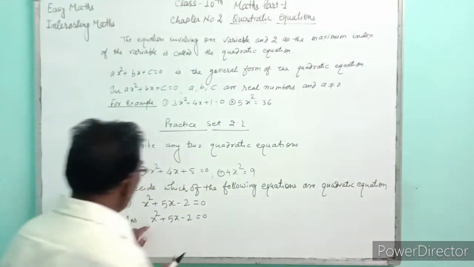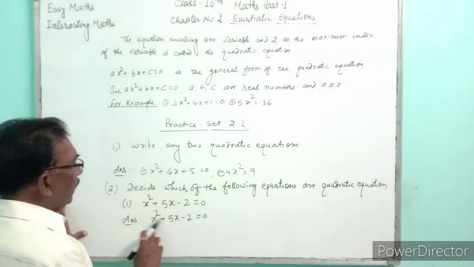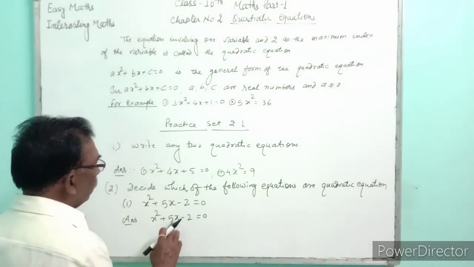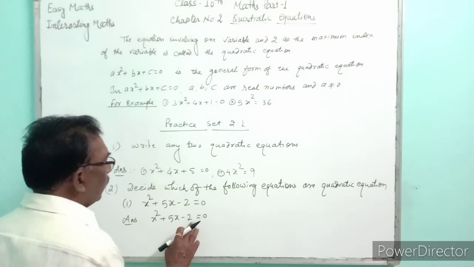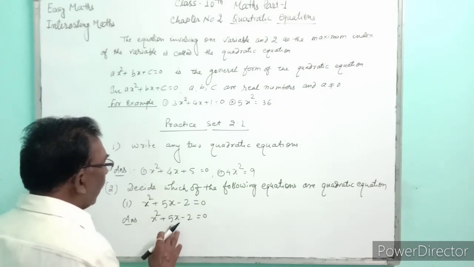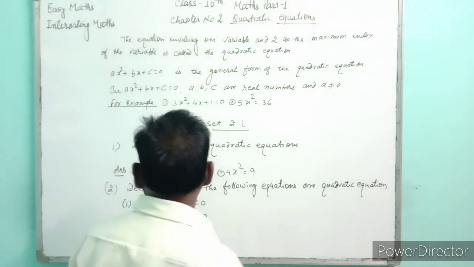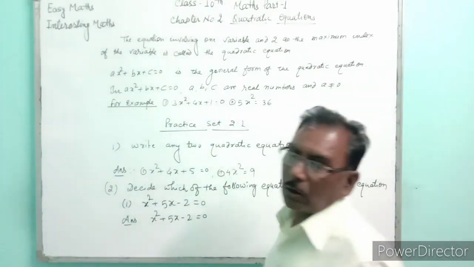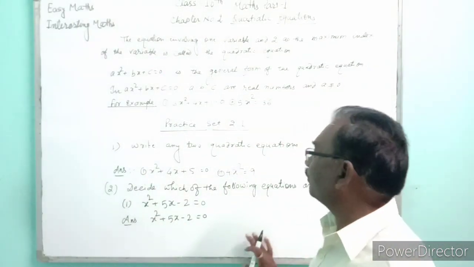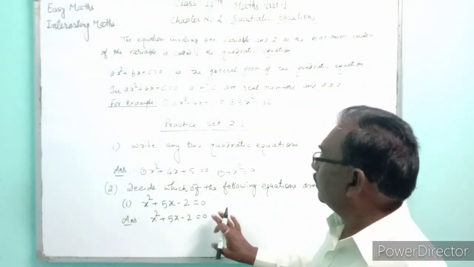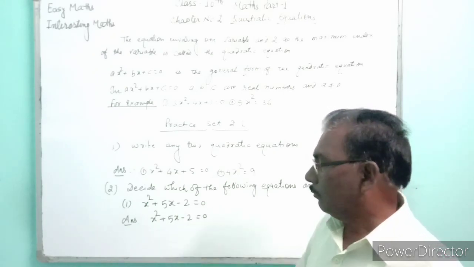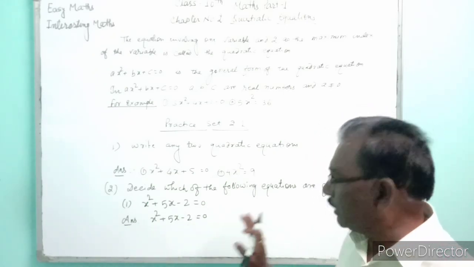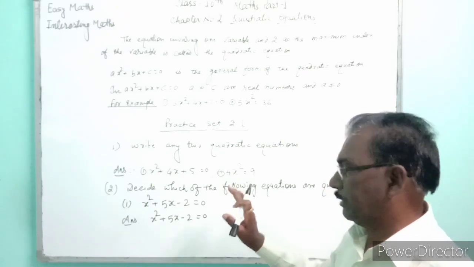Why? The coefficient of x square is 1, the coefficient of 5x is 5, and here minus 2. So 1, 5 and minus 2 are real numbers, and at the same time the coefficient of x square is not equal to 0. Here there is only variable x, and the maximum index of the variable is 2. Therefore this is a quadratic equation.